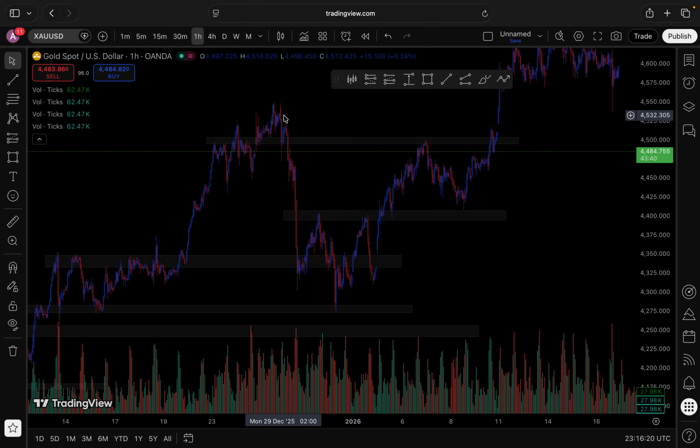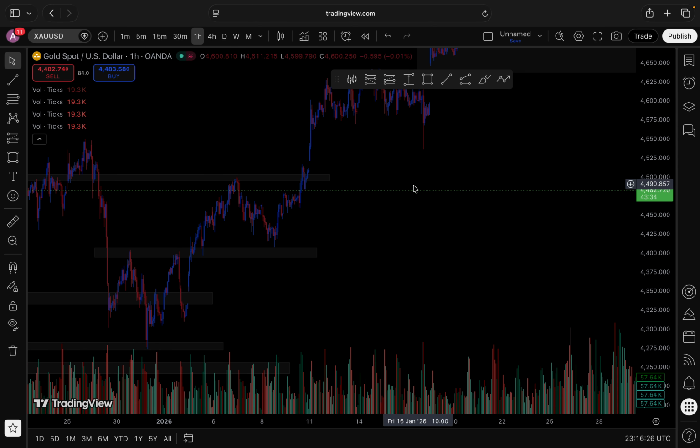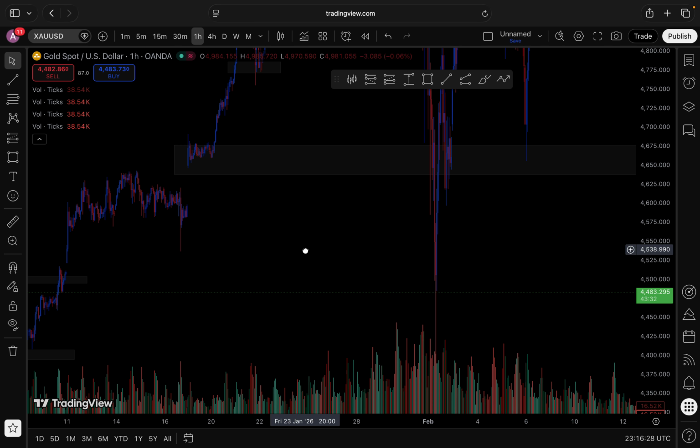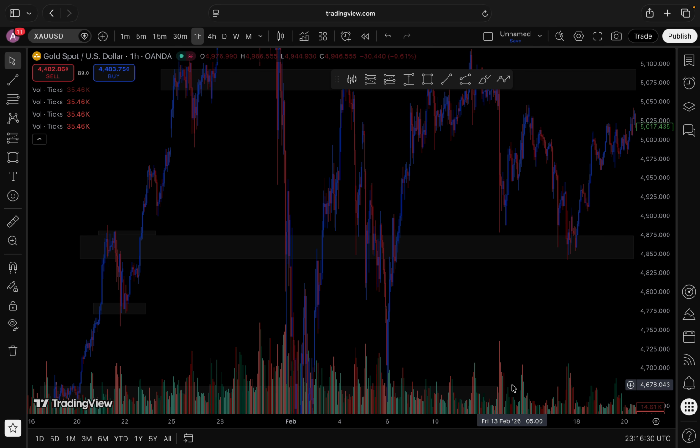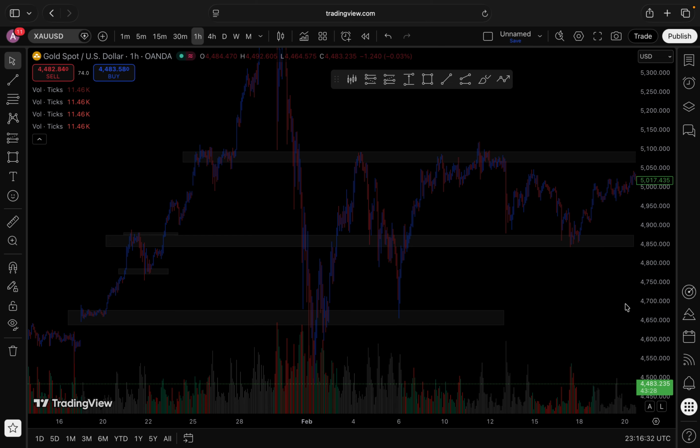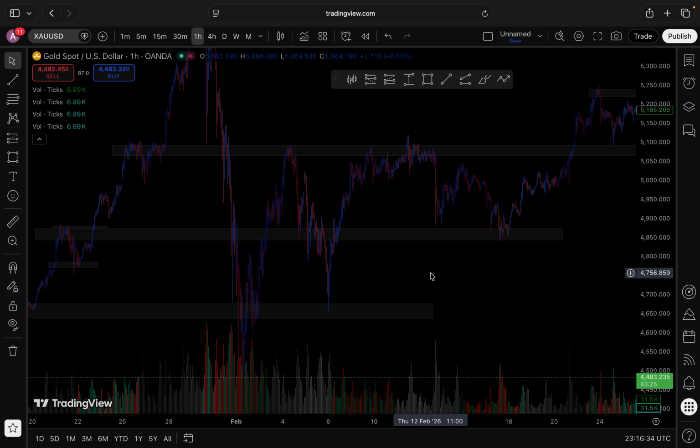You always want to wait and see what price wants to do before you take a setup. You gotta let it build its case, man. Like, you can't lock up somebody without no evidence. So it's the same thing with trading. You can't take a setup unless you got evidence on what price wants to do. You can't execute if you don't have evidence. It's like a case. You can't lock somebody up if you don't have evidence.